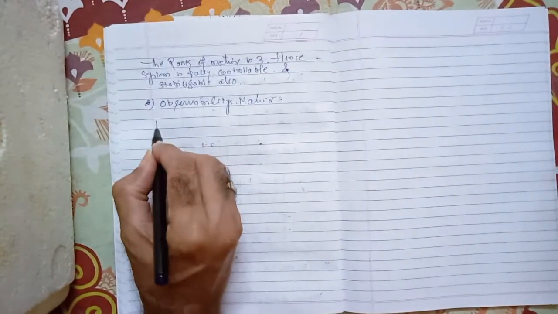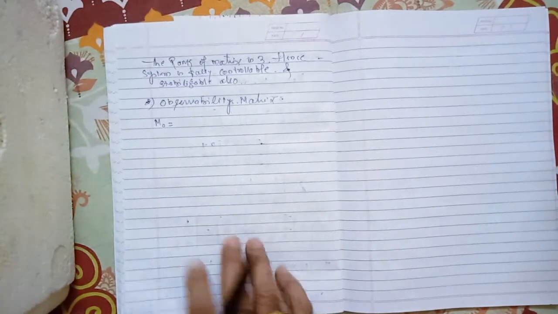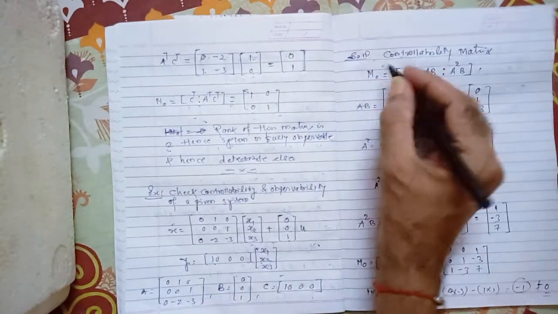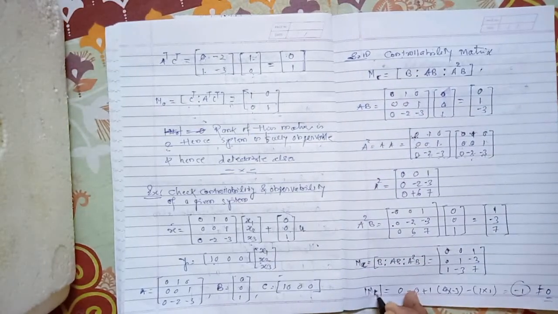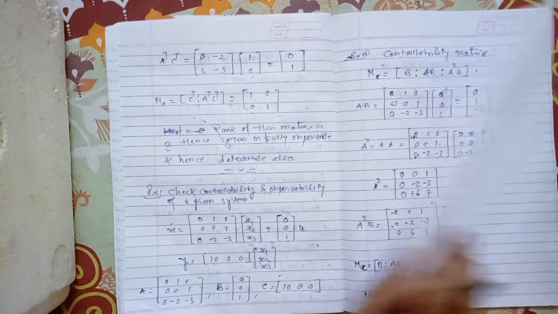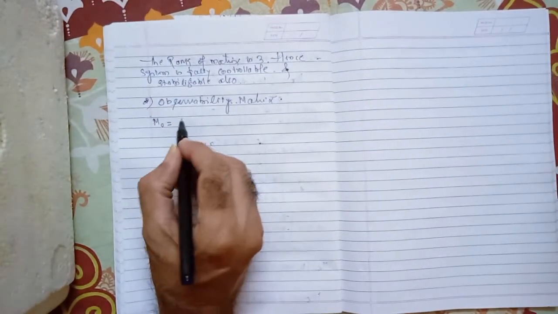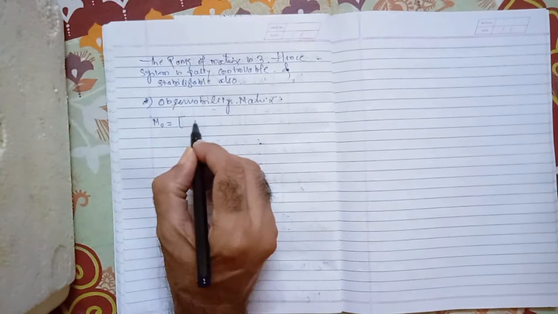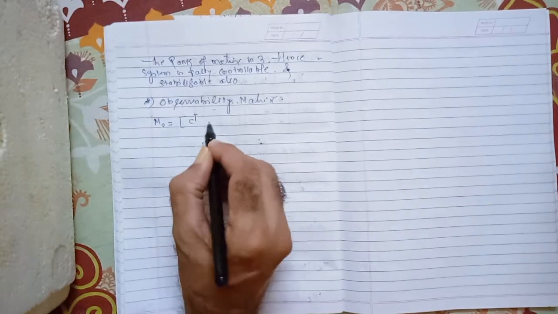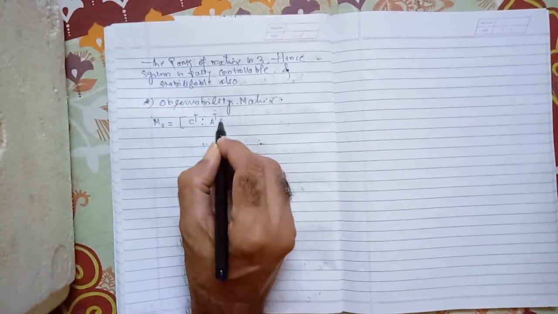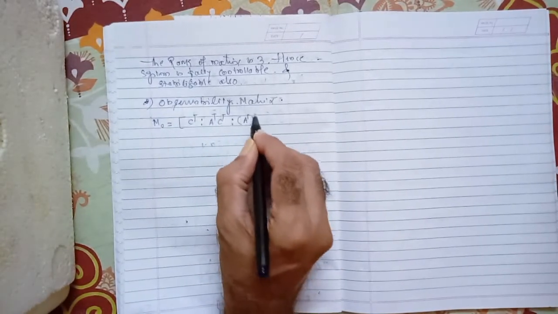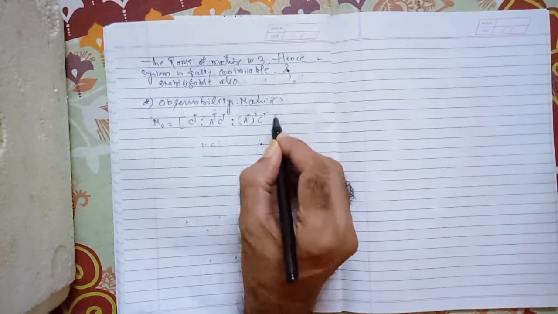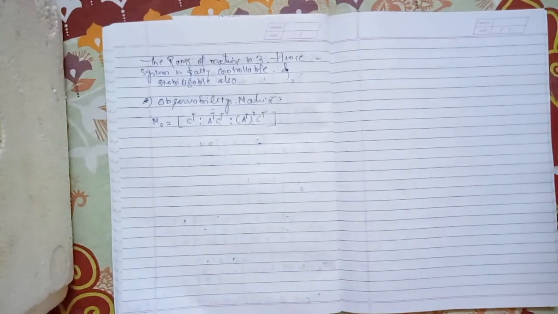In the observability matrix, that is MO, it is equals to, like the controllability matrix MC, C transpose, then A transpose C transpose, then A transpose square C transpose. So this we have to find out.